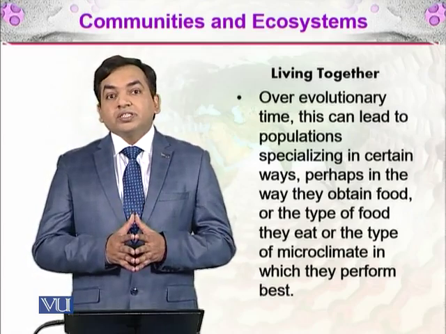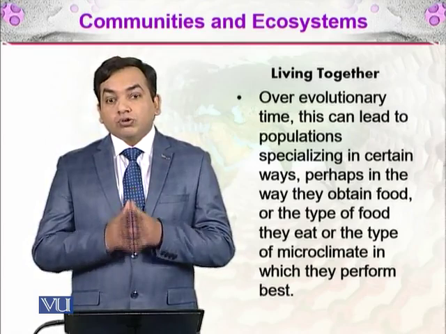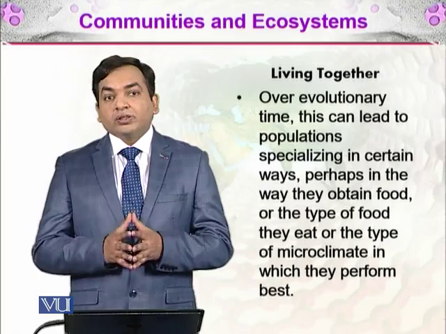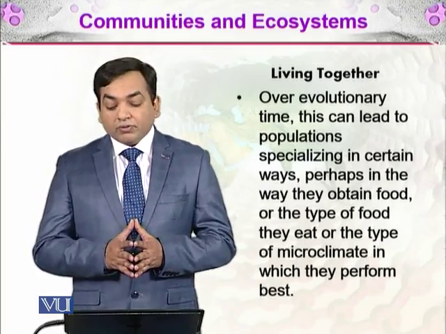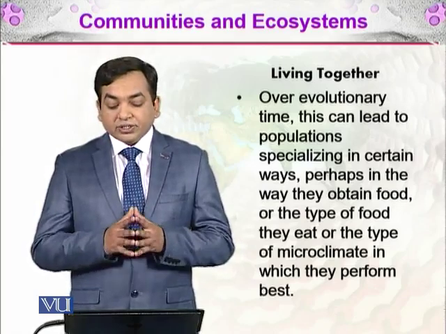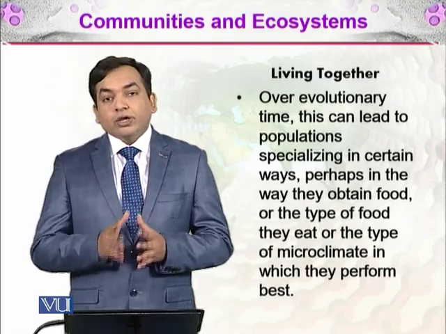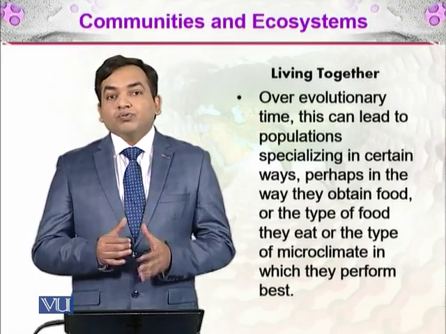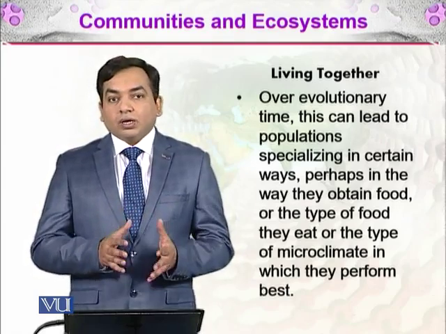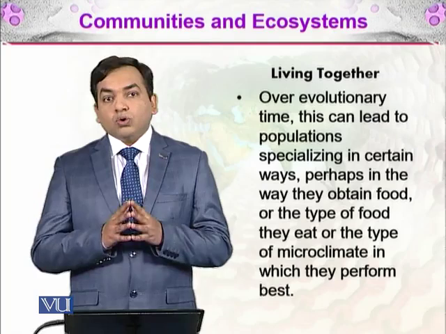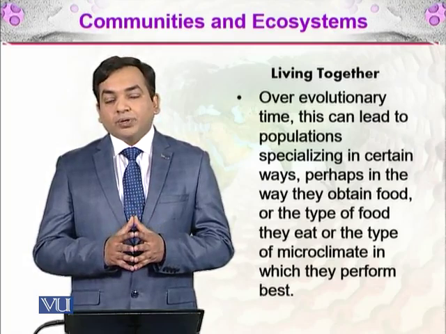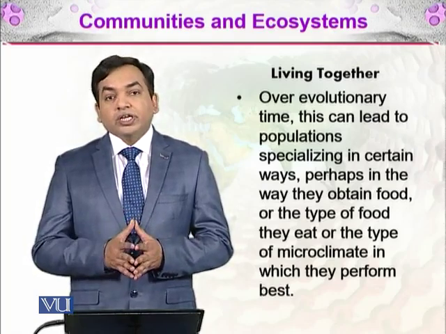When organisms live together for the long term, evolution comes into play. Over evolutionary time, this can lead to populations specializing in certain ways, perhaps in the way they obtain food. If two organisms are in the same place for so much time that evolution takes place, that is called evolutionary time.